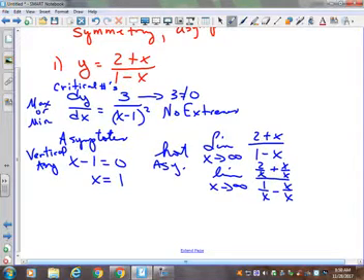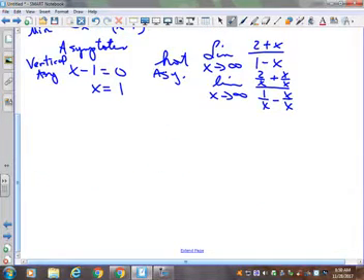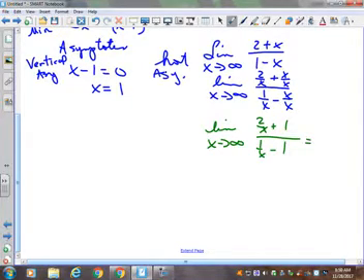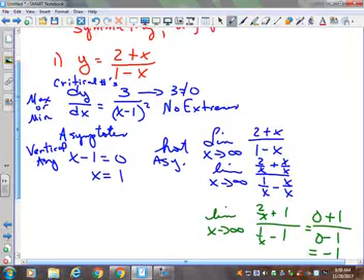So that means the limit as x approaches infinity of 2 over x plus 1, over 1 over x minus 1. So these two go to 0, so 0 plus 1, 0 minus 1 comes out to -1. Now let's go back and look at the shortcut rule.